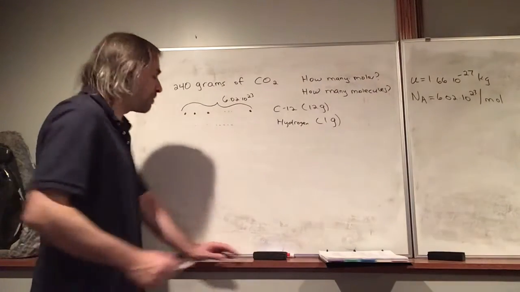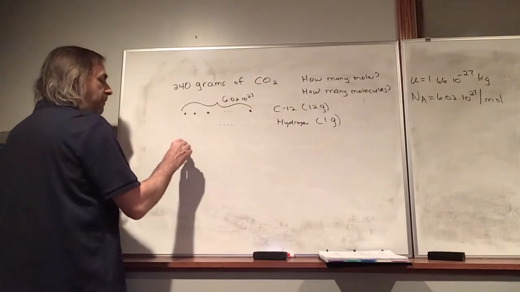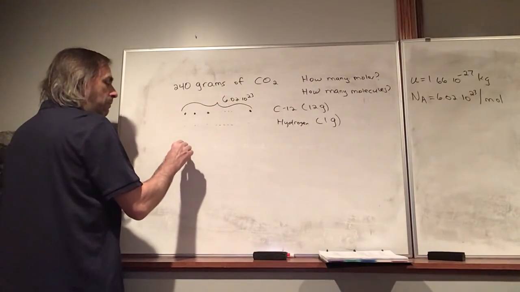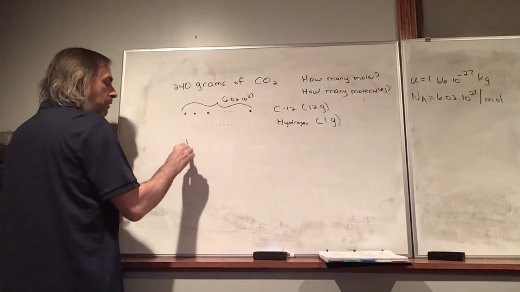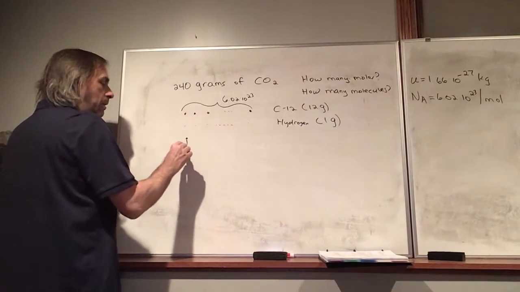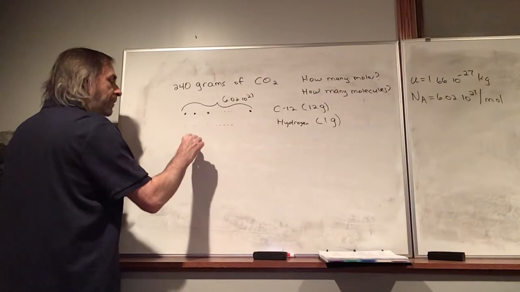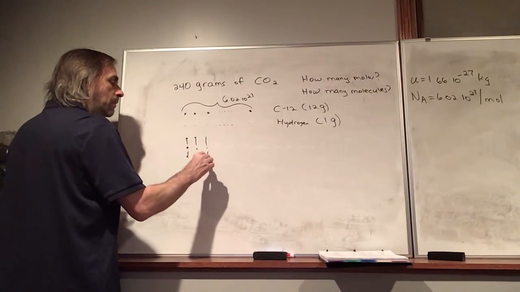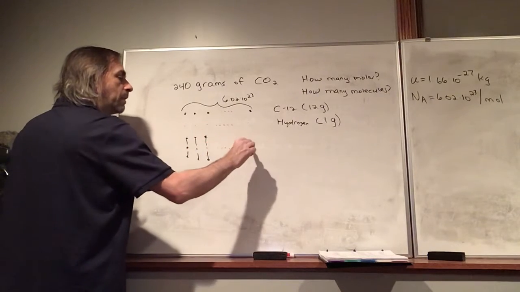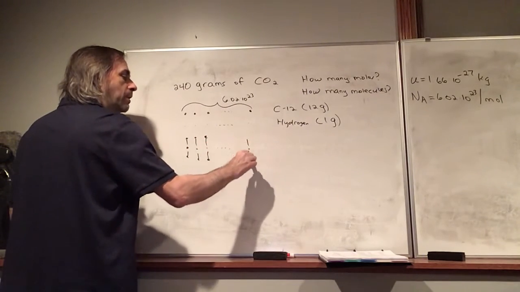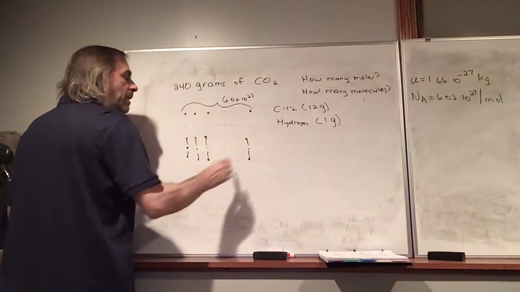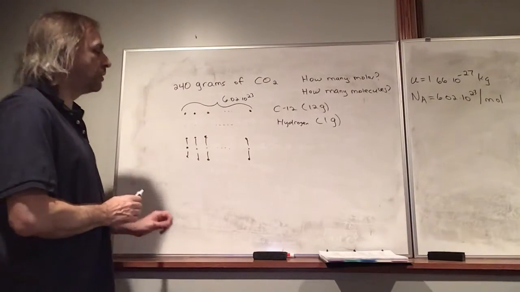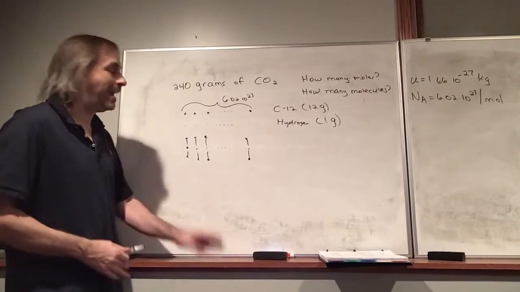Now let's get to carbon dioxide. Here we have this molecule. We'll draw it like this, carbon and 2 oxygen. And again, we have this number of molecules of carbon dioxide. So how much does 1 molecule of carbon dioxide weigh, or what is the mass?